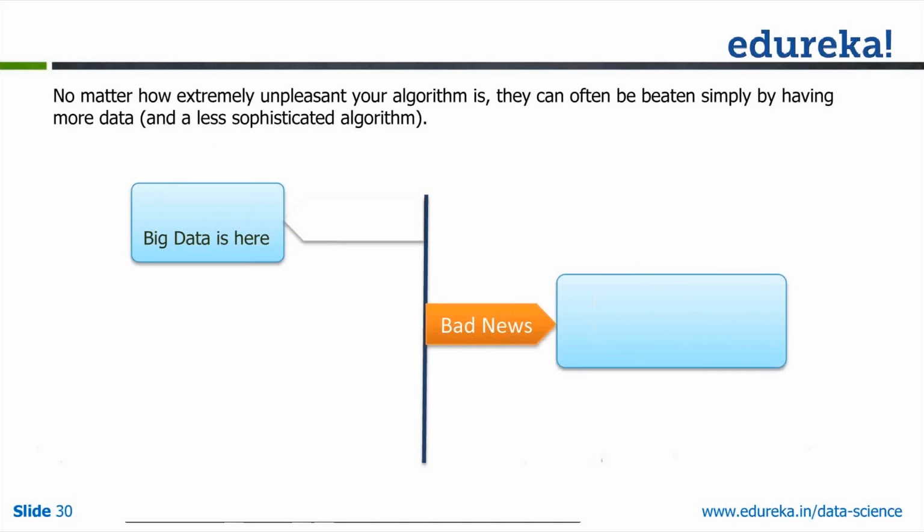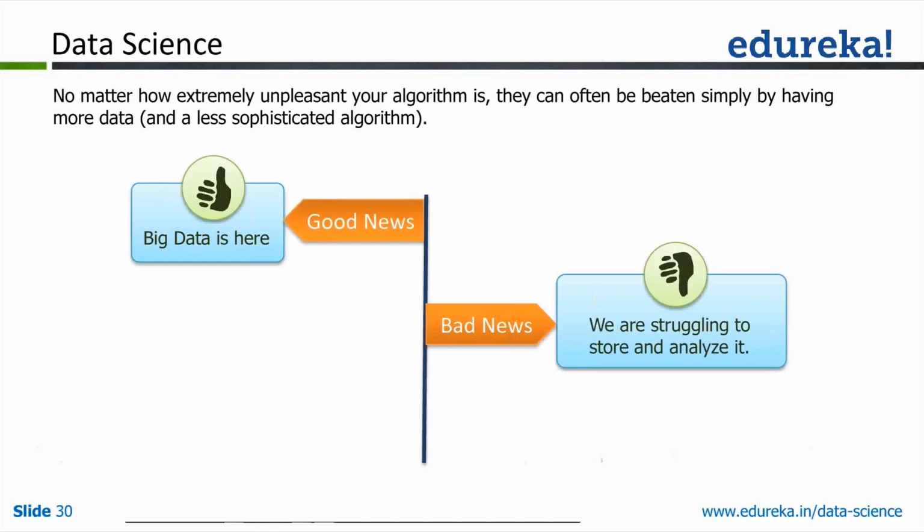Okay, and obviously, as big data is there, in terms of volume, variety, and velocity, the challenge is to create a big data solution that can facilitate this data science. Okay, if you have lots of data, obviously you need systems to store, manage, and analyze it.